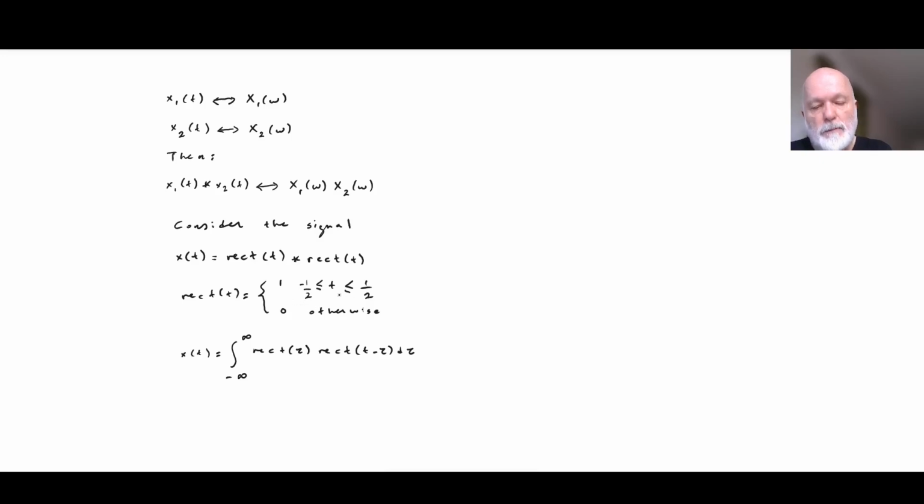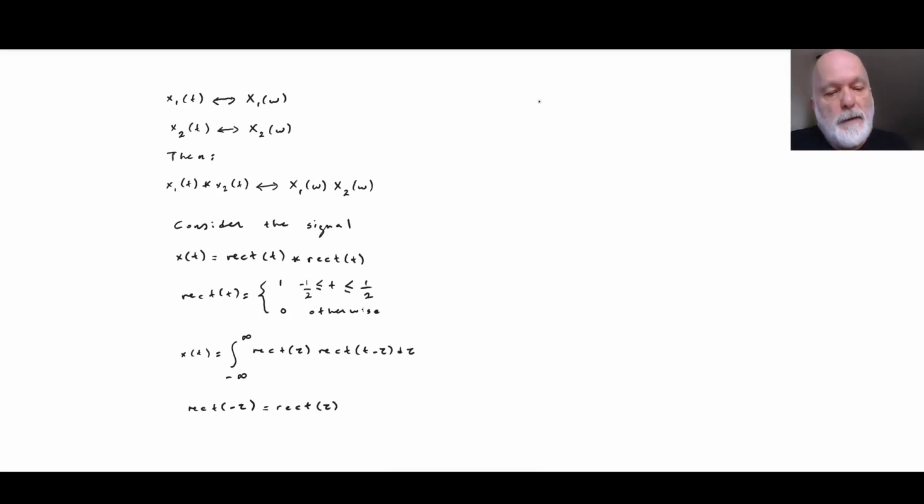But what can we say about rect of t minus tau? First of all, rect of minus tau is equal to rect of tau, because we have an even function of the variable tau. And rect t minus tau is therefore rect of tau shifted by t.